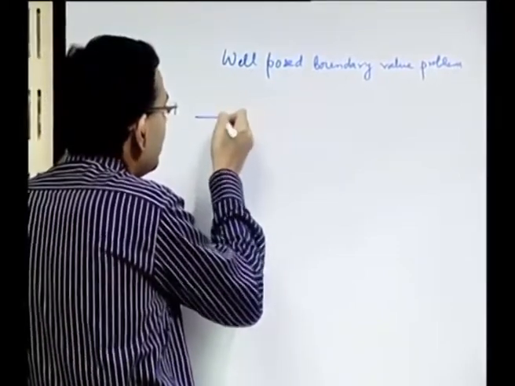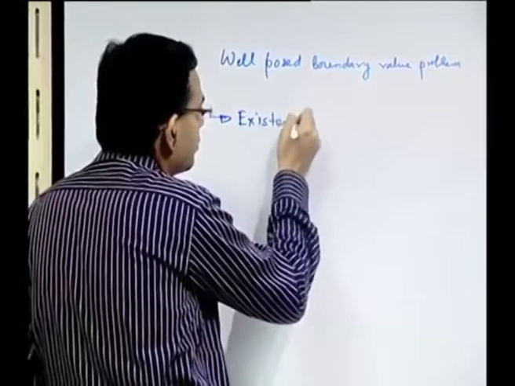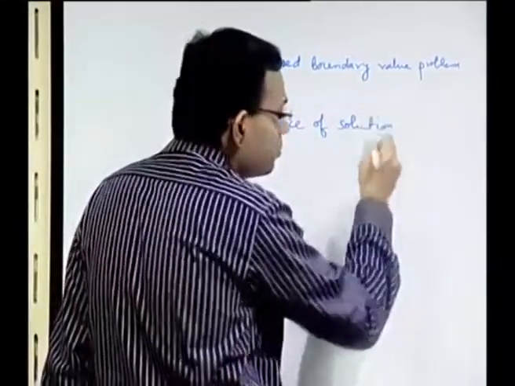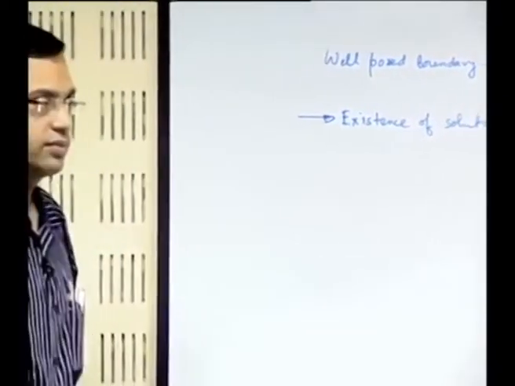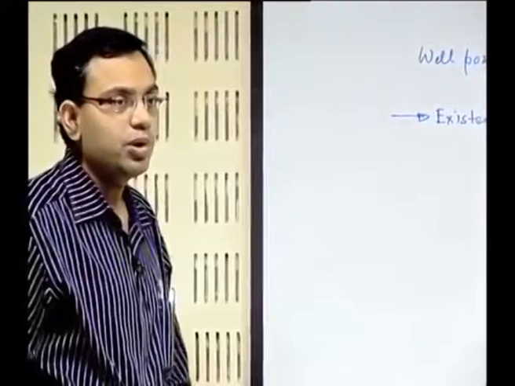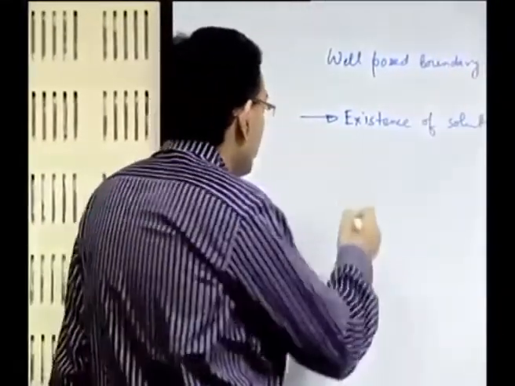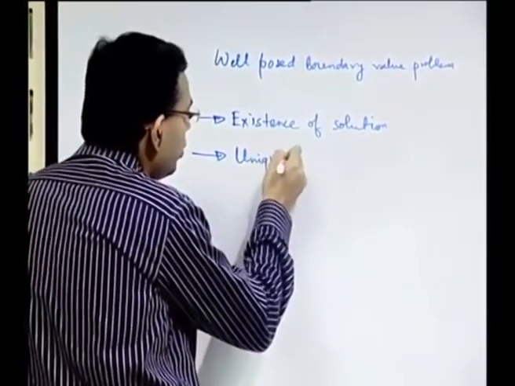First of all, the requirement is existence of the solution. That is, the boundary value problem should be posed in such a way that the solution exists. It should not be posed in a way that the solution does not exist. Not only that, the solution should be unique.